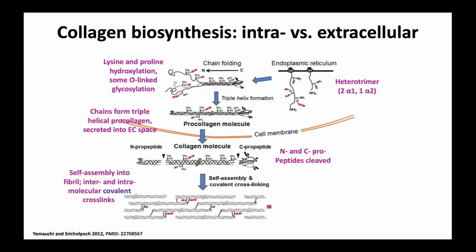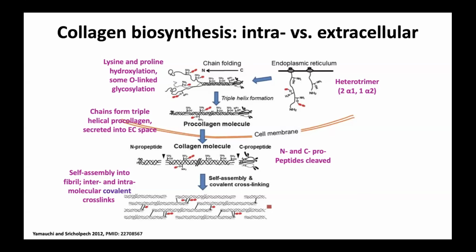Outside of the cell, the first thing is that the N and the C propeptides on the collagen chain are cleaved. You can see that here. But one thing to keep in mind is that there are telopeptides on either end of a collagen, and those are retained.